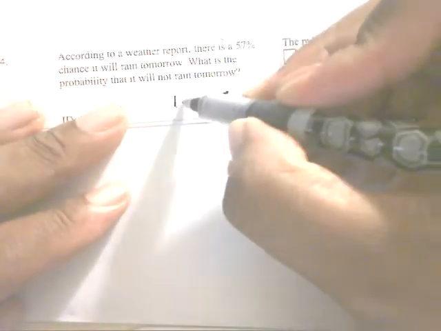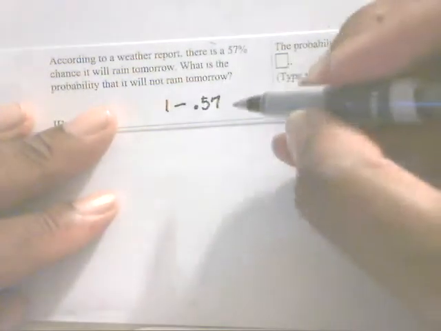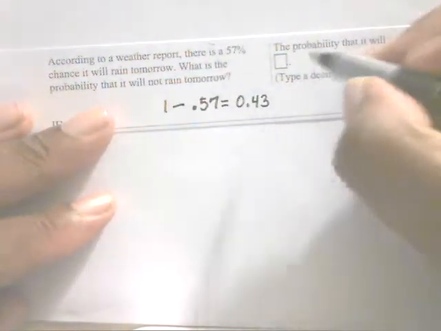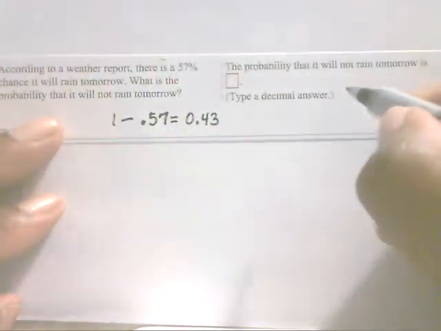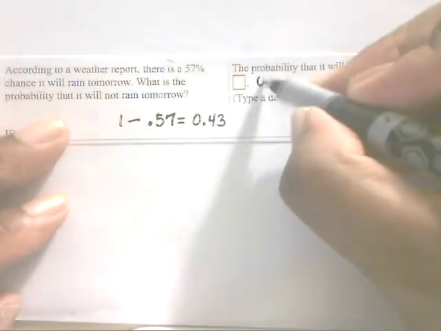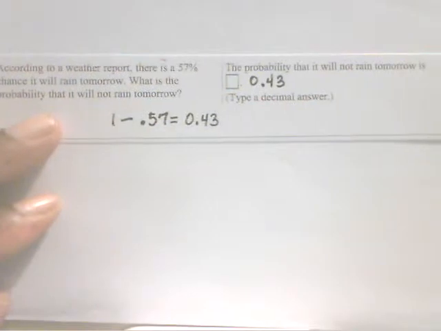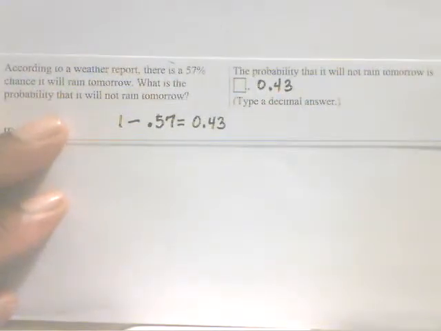And then, of course, the complement of that would be 1 minus 0.57, which will end up being 0.43. So the probability that it will not rain tomorrow will be 0.43.